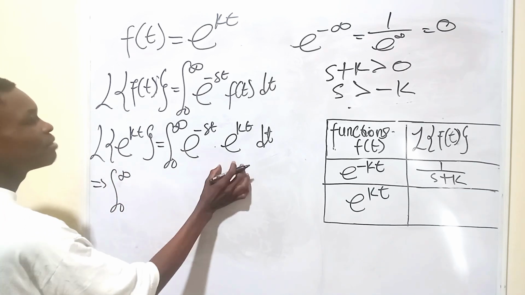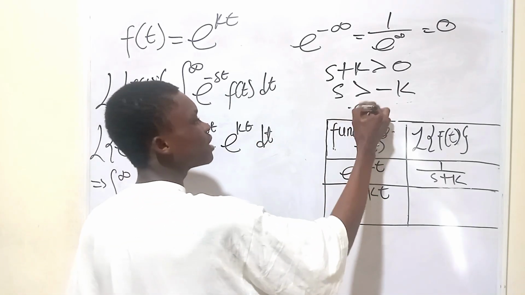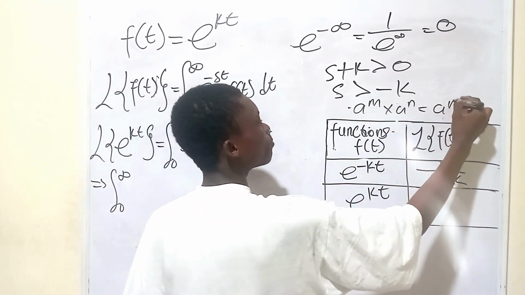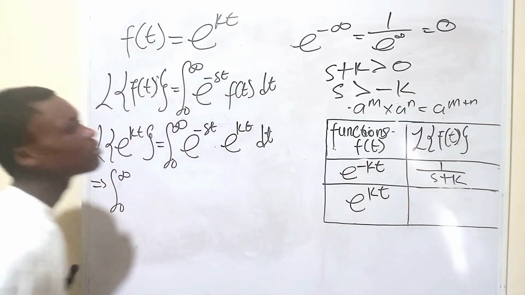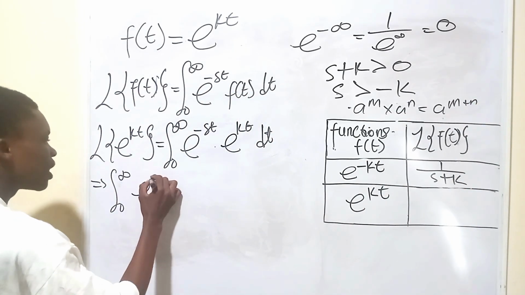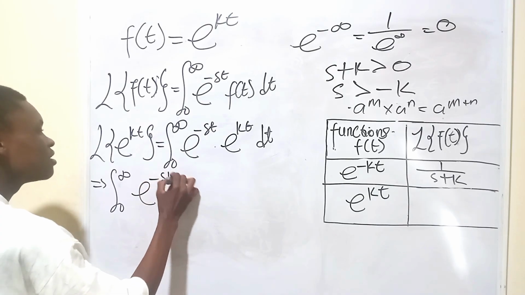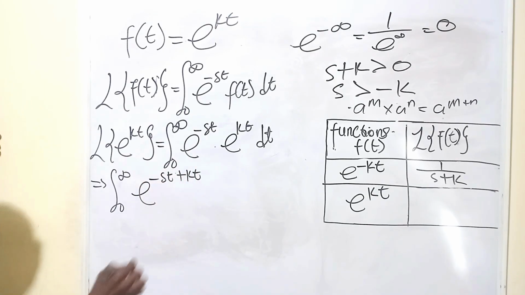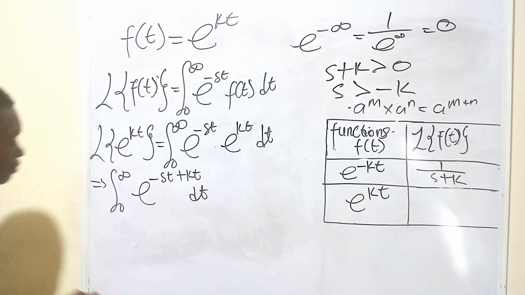Since they are multiplying and the bases are the same, from indices we know that a to power m times a to power n equals a to power m plus n. Because they are multiplying, we can add the powers. So clearly, this is exponential negative st plus kt, then dt.